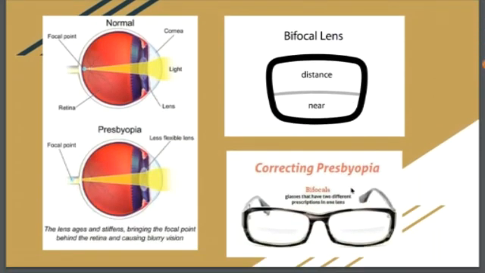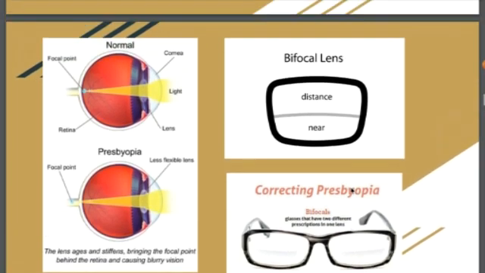Okay. The next defect is presbyopia. This is a condition affecting older people who cannot see nearby objects clearly. Their lens loses flexibility, resulting in a kind of long-sightedness. They cannot see nearby objects.